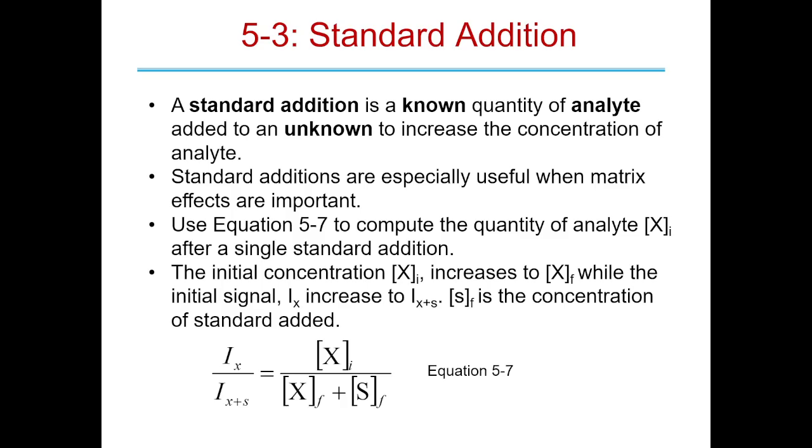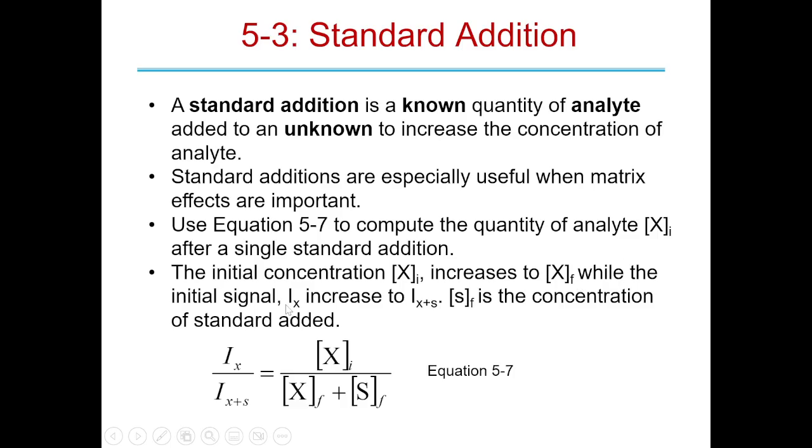So we use equation 5.7 to compute the quantity of analyte, [X]_i, after the single standard addition. The initial concentration would be [X]_i, where the brackets mean concentration, X means unknown, and i means initial, right? And this is going to increase to [X]_f, f for final.